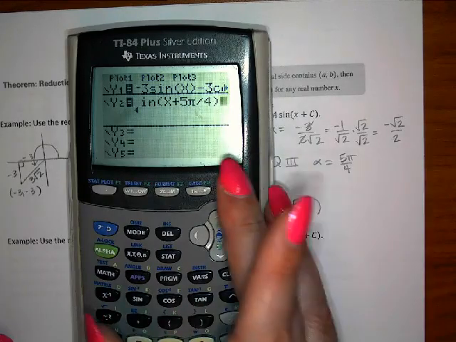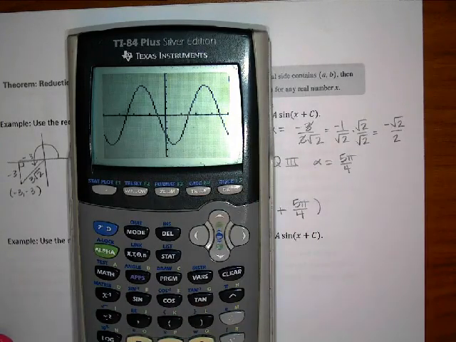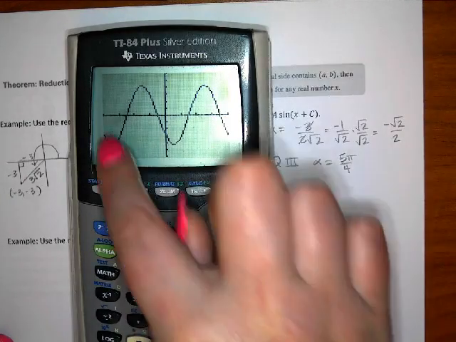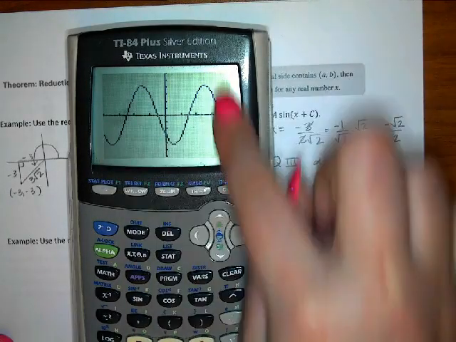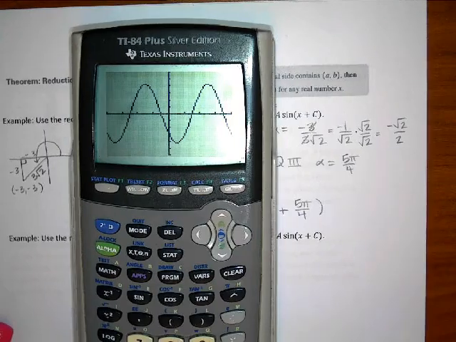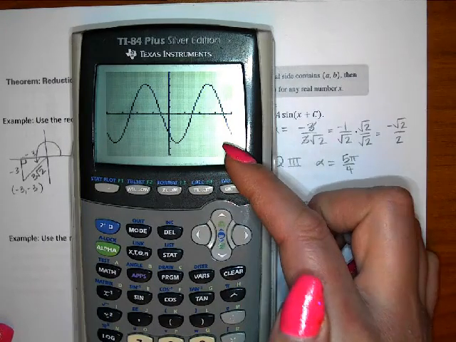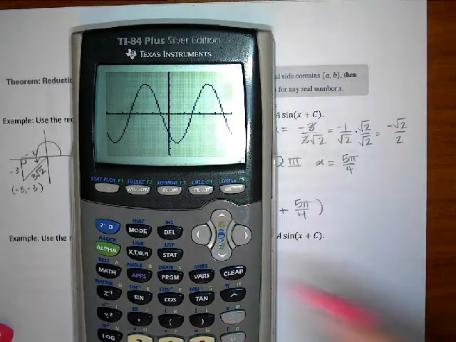And I don't see anything different because it's just graphing the second equation. And actually it's still graphing. There we go. So the first equation is graphed, the second equation is graphed, and they look identical. This is a little bit nicer to do on Desmos because you can actually see the 2 different colors. But I just confirmed that my answer is correct.